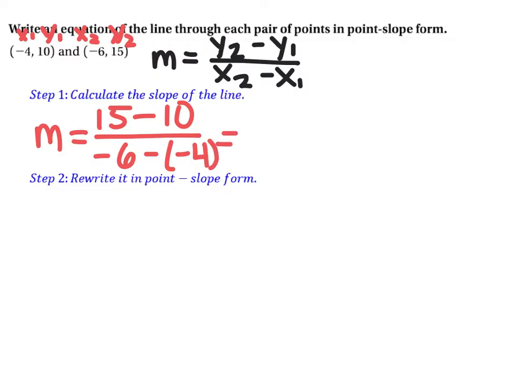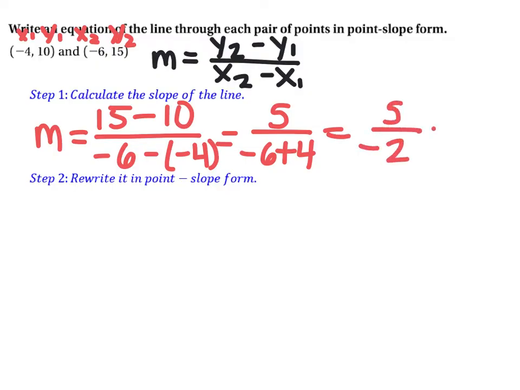If I simplify, 15 minus 10 gives me 5, and this becomes -6 plus 4. So this will become 5 over -2, which I could rewrite as -5 over 2.